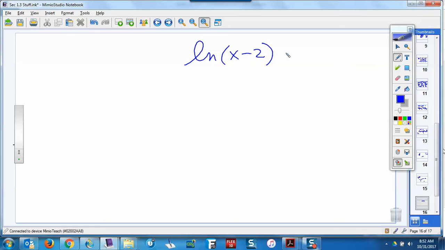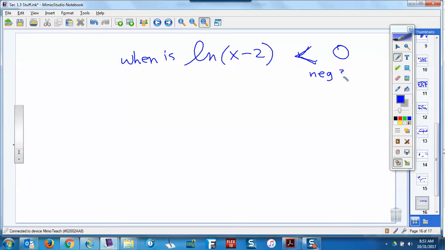We have to figure out when this is less than 0, or when is that negative. We'd have to know when ln x minus 2 is negative, and this is no calculus. So we'd have to find an interval to answer this question.